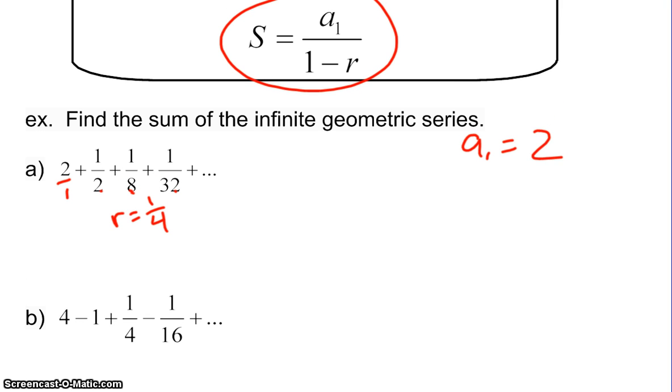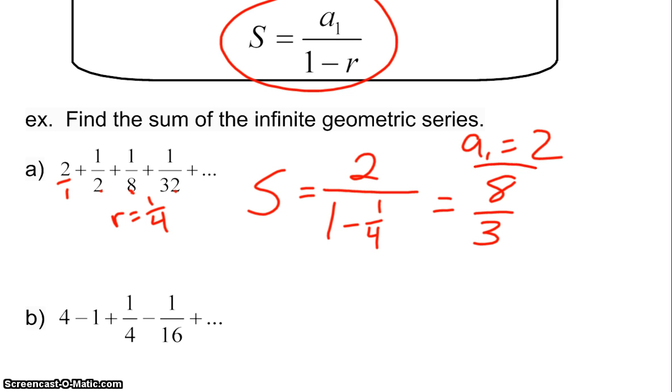And looking at our formula, the sum is the first term of 2, all divided by 1 minus 1/4. And then when we plug that in, we find out that the sum is converging to 8/3.